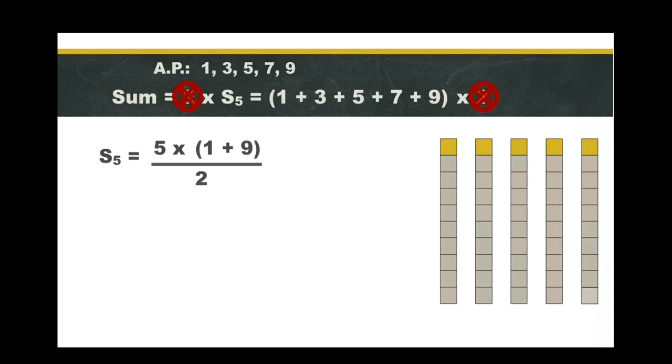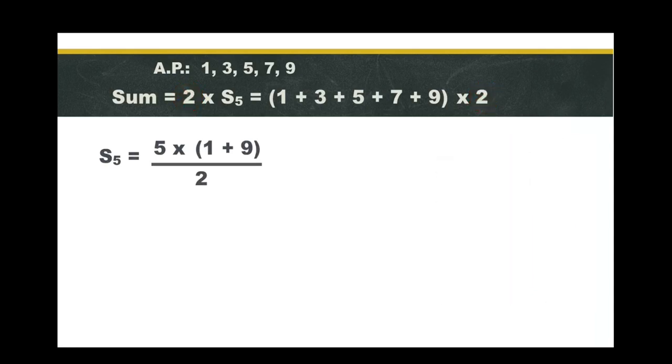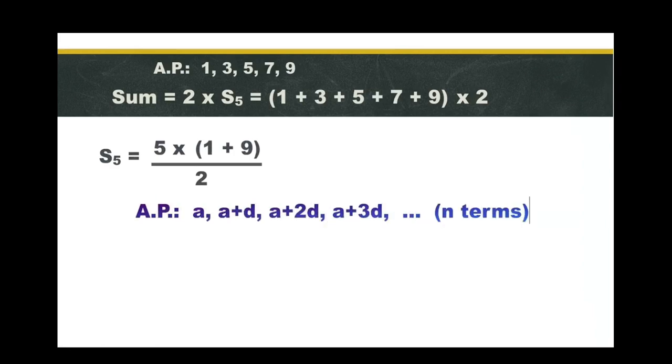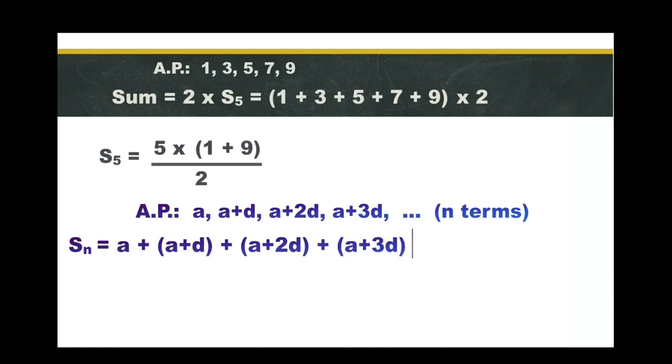Now let us generalize this formula. Suppose we are given an AP a, a plus d, a plus 2d, a plus 3d up to n terms, and we are asked to find the sum of n terms, Sn. So using the above example, we got 5 by the number of terms.